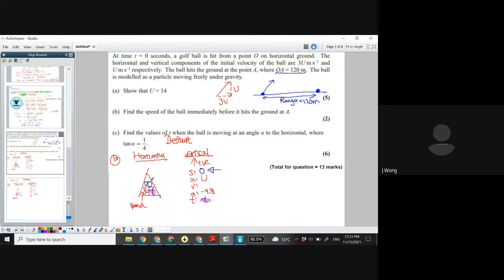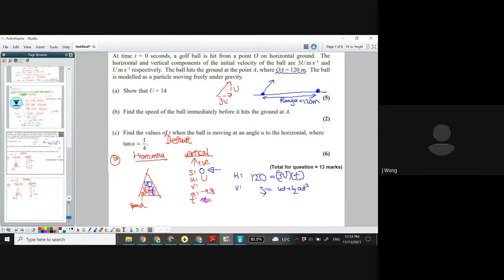Firstly, in the horizontal dimension, you could calculate 120 in terms of U and t, which is speed times time. 120 is the same as 3U multiplied by t. Then vertically, you could establish an equation linking U and t without v, which is s equals ut plus a half at squared.